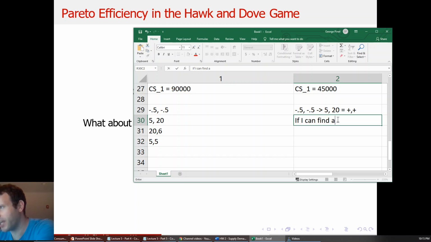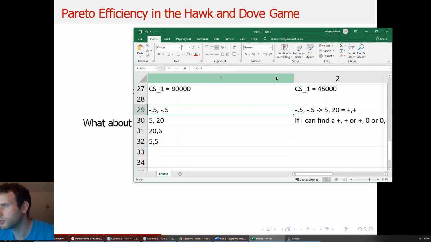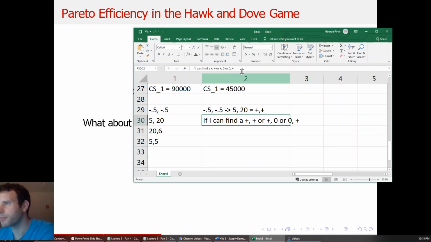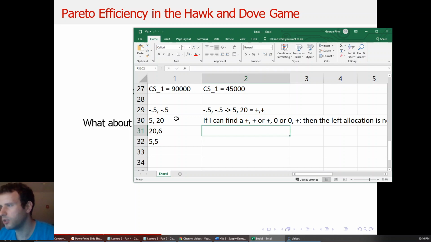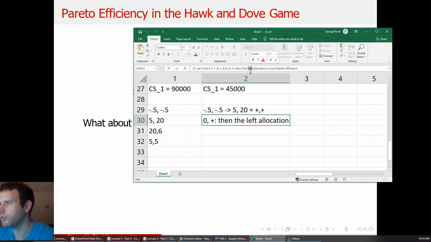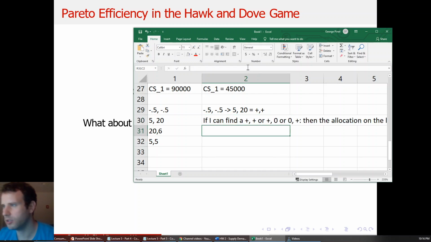But if I can find a plus, plus, or plus 0, or 0, comma, plus, then the left allocation is not Pareto efficient. I should put allocation on the left. Okay.